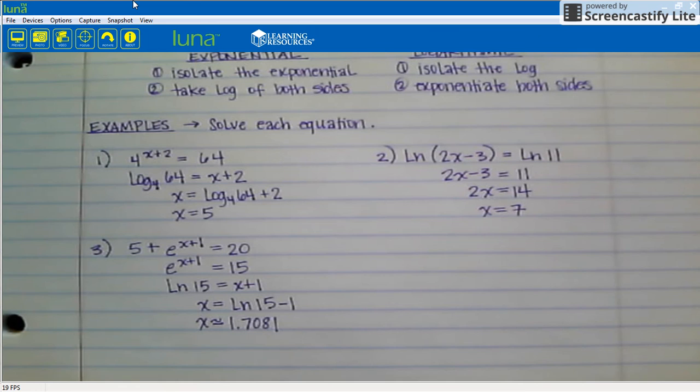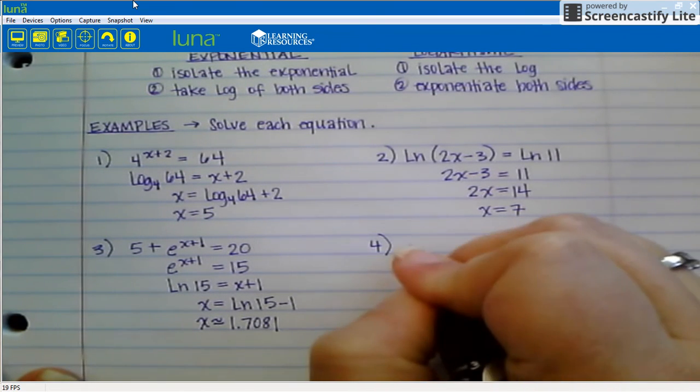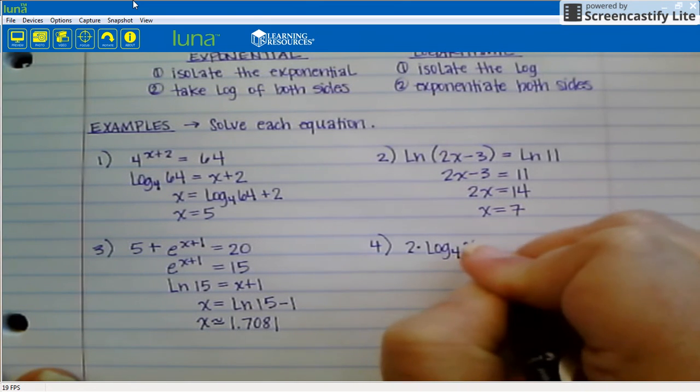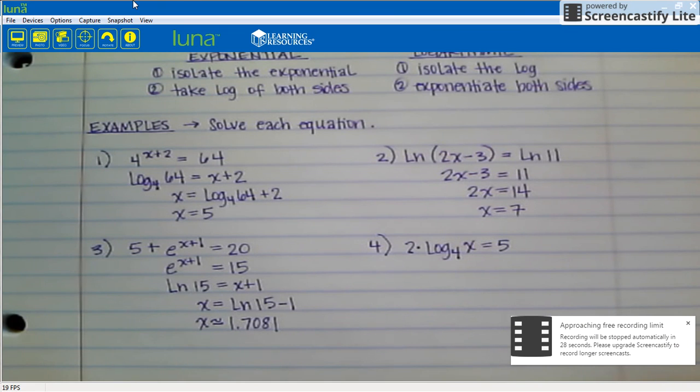Okay, now let's try a logarithm where we have to exponentiate. And so for example number 4, we have 2 times log base 4 of x is equal to 5. So with this one, the very first thing that I need to do is divide both sides by 2.